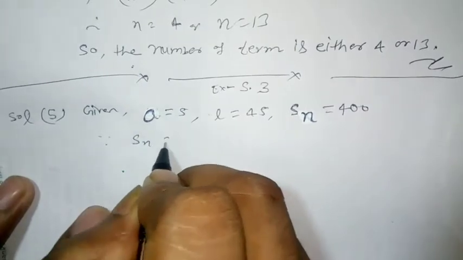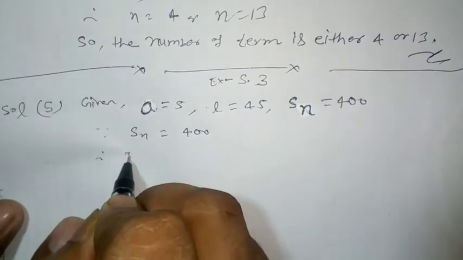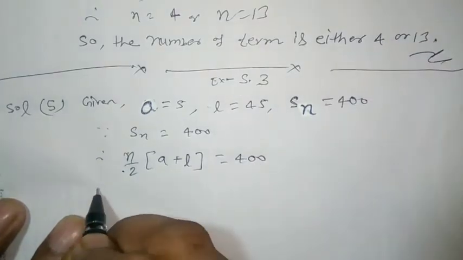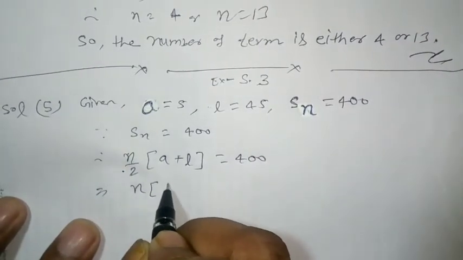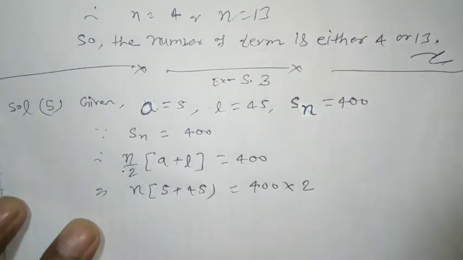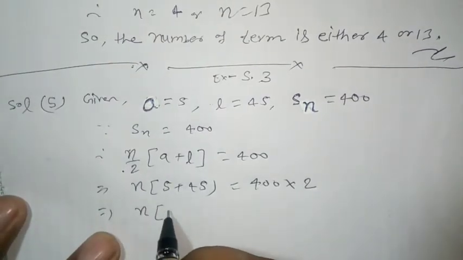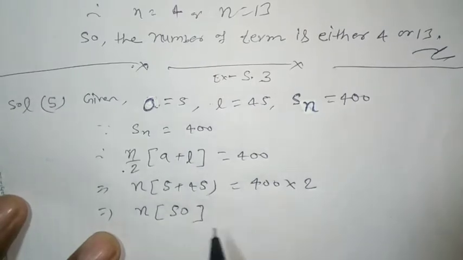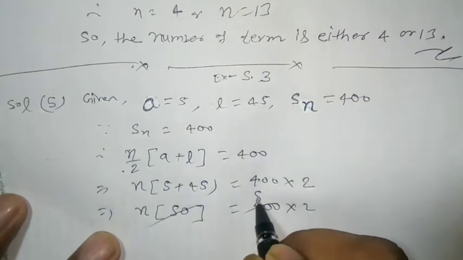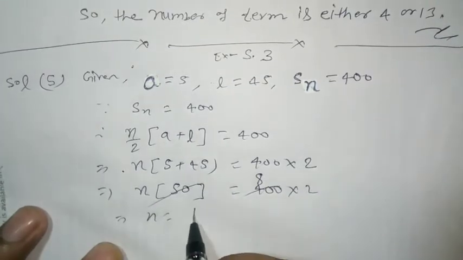Because Sn is equal to 400, therefore n by 2 into (a plus L) is equal to 400. Implies n into (5 plus 45) is equal to 400 into 2. Implies n into 50 is equal to 400 into 2, implies n is equal to 8 2s are 16.